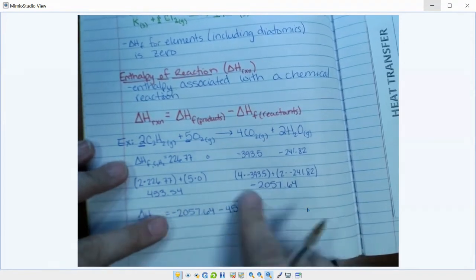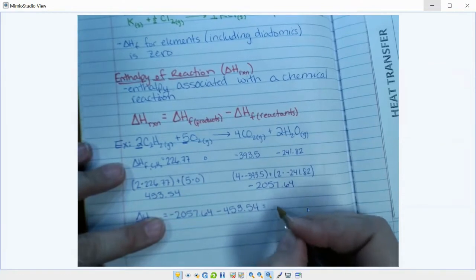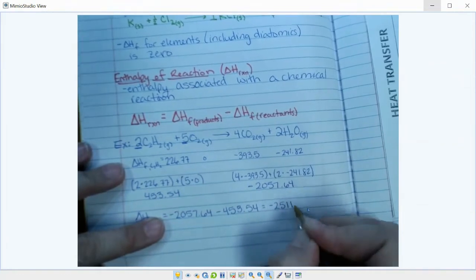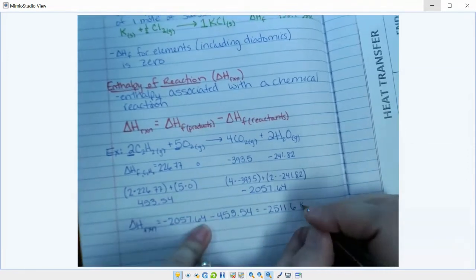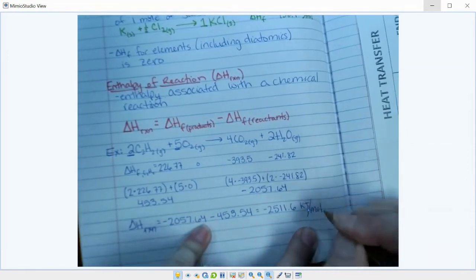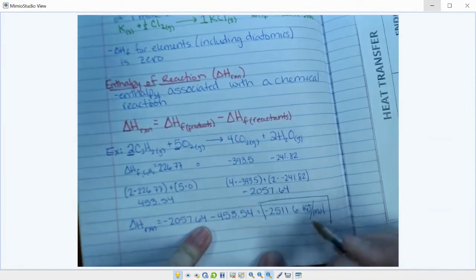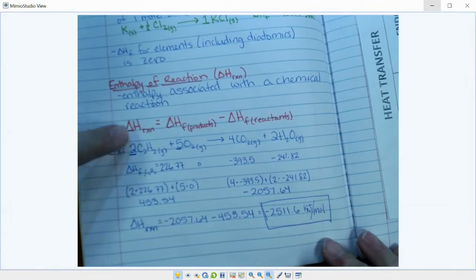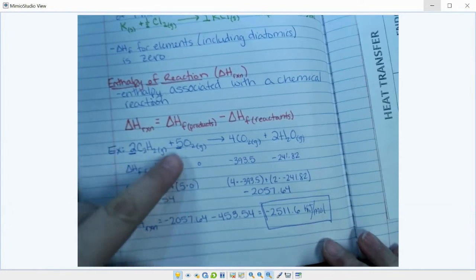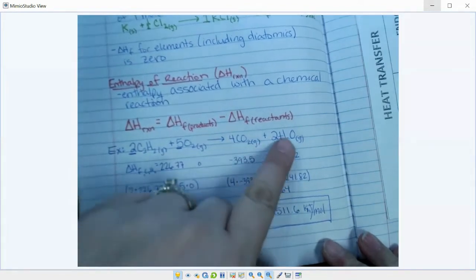And when I do that little math real quick, I get negative 2511.6. And the unit of delta H is kilojoules per mole. So that's how you find the enthalpy of a reaction from the enthalpy of formation of each of its individual components.